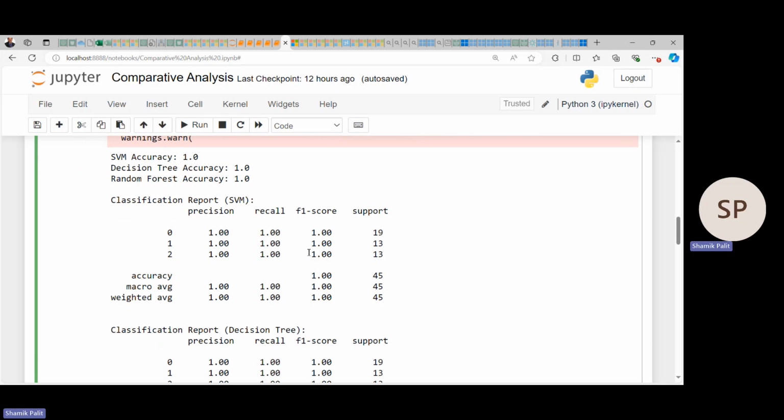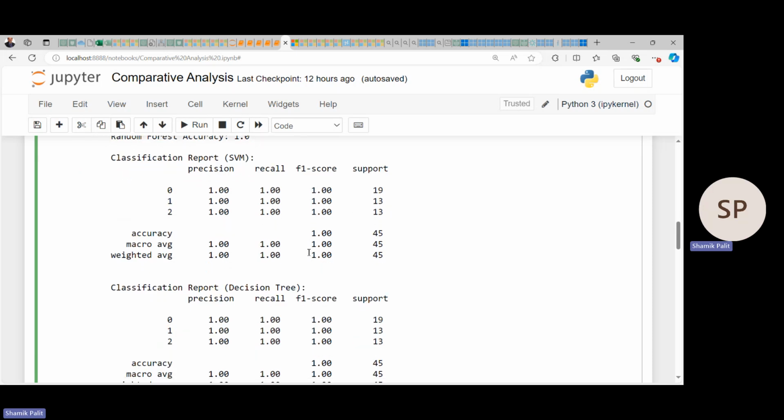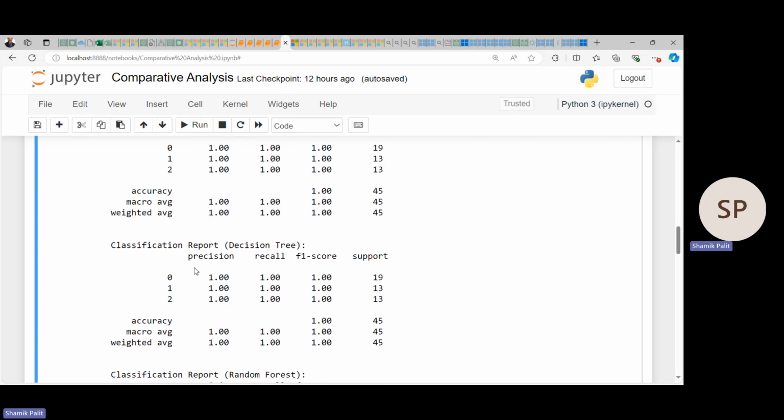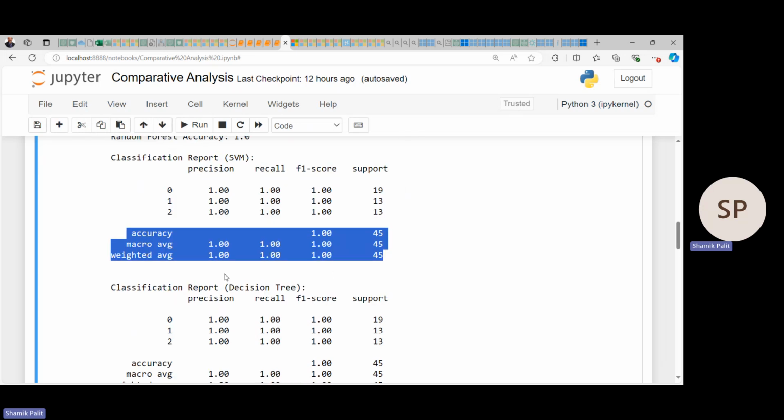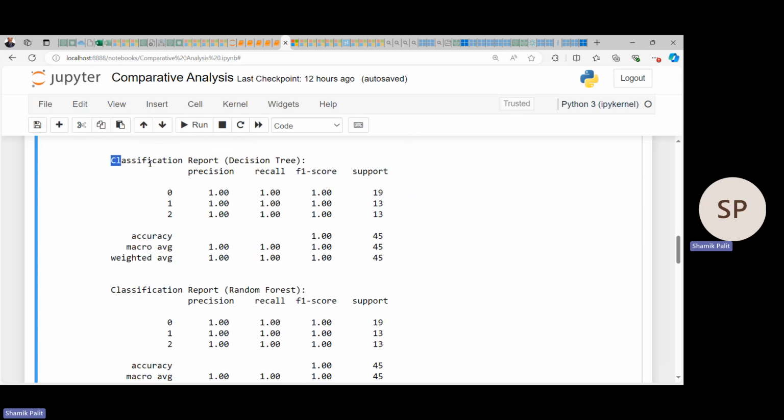Look at the output. This is the output which we have received for precision, recall, as well as F1 score for all the algorithms, starting with the classification report for SVM. As you can see over here, all the scores are taken into consideration. Followed by that, we have taken the decision tree.